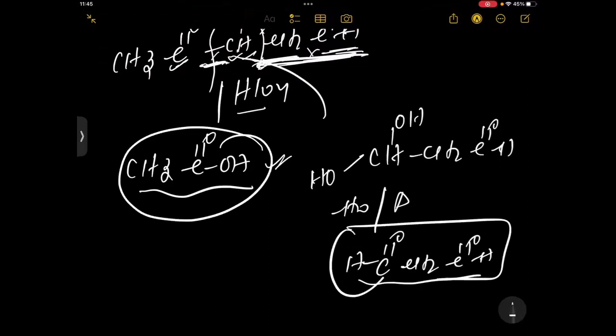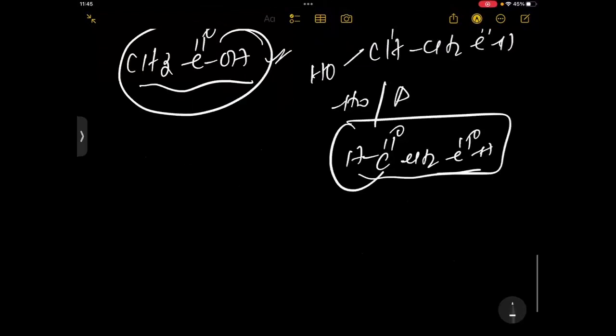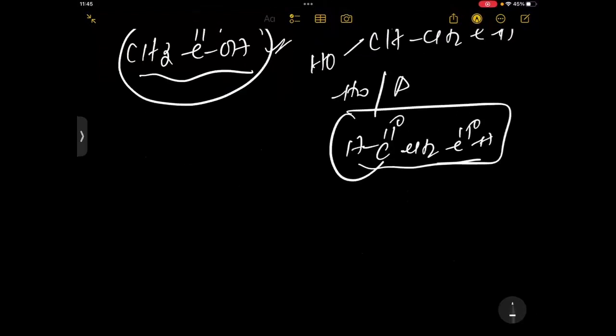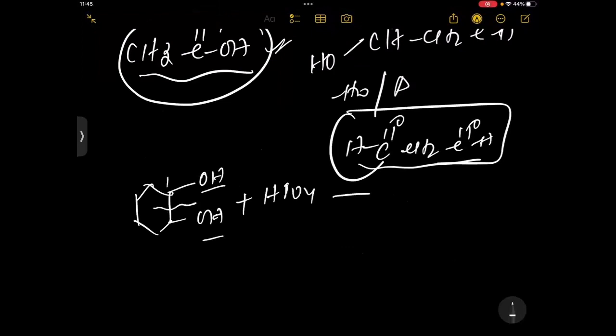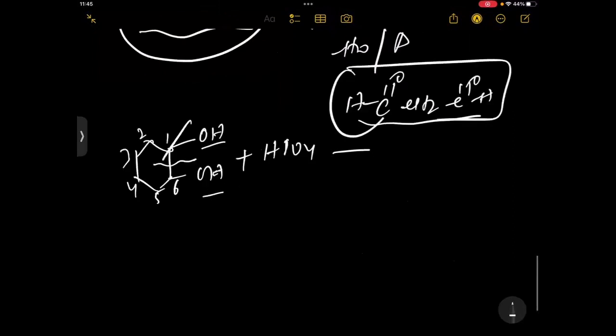Okay, students, one more example I give you, and then you tell me what would be the product here. See here, students, I write here, that is the OH. Both should be in the same position. It is mandatory to react with HIO4: for any compound to react with HIO4, the vicinal position should be there. So with HIO4, what happened here? The bond breaks. So I write here 1, 2, 3, 4, 5, and 6. One OH will come here and one OH will come here.